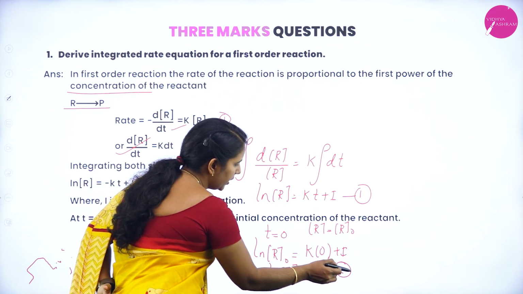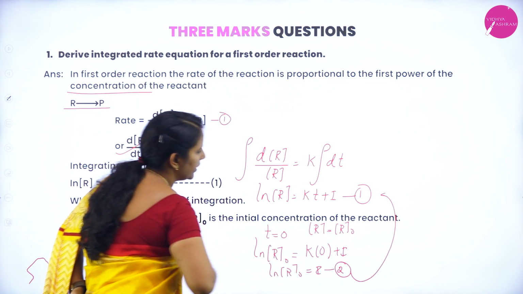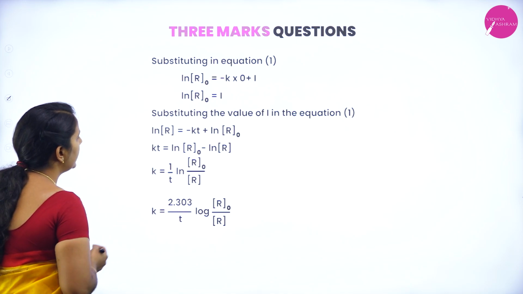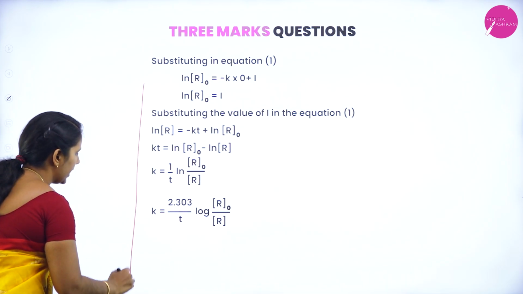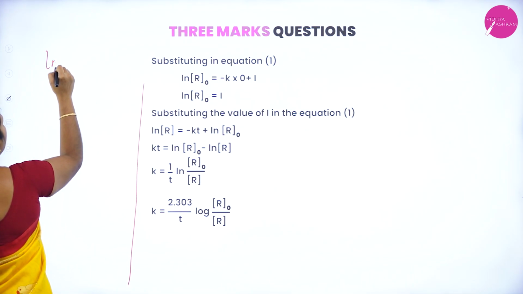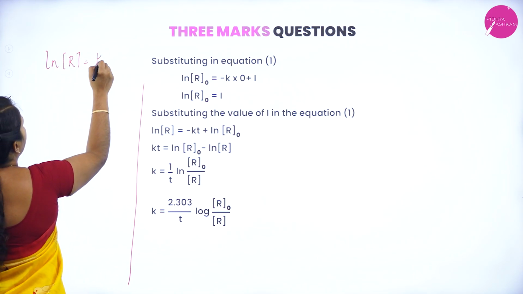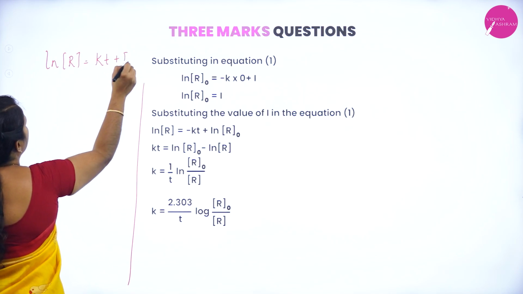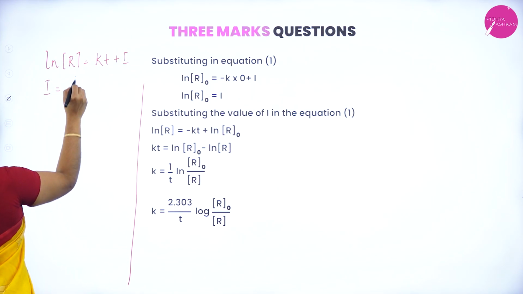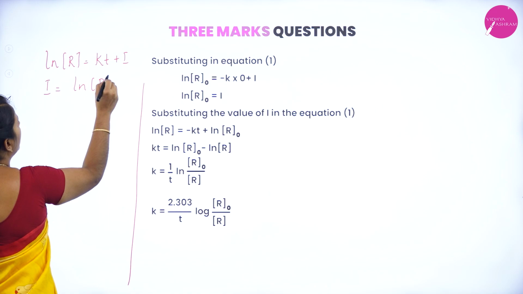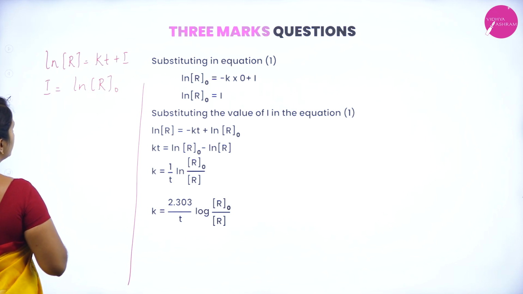Now, I substitute I into the first equation. So I can write that equation as ln [R] is equal to kt plus I. What have I got now for I? ln [R]0.